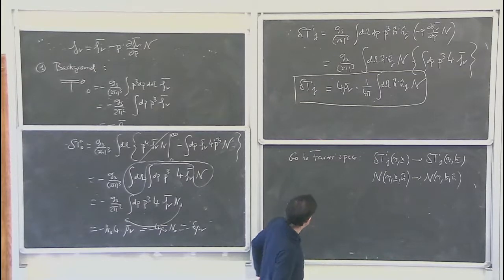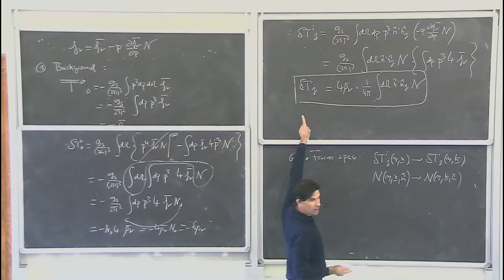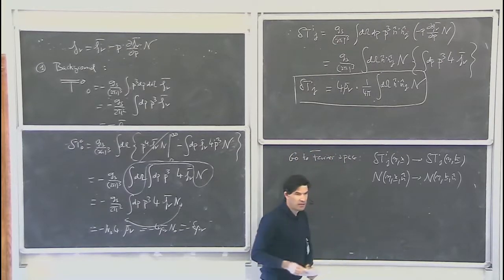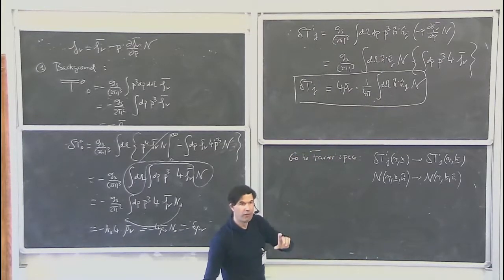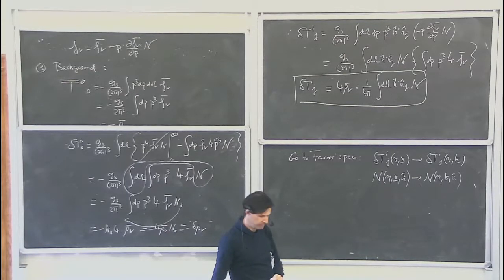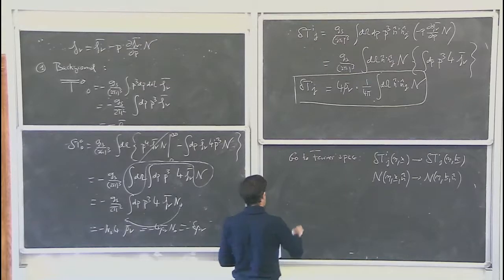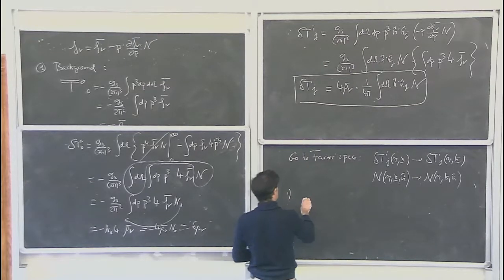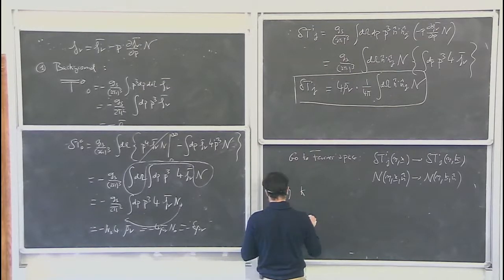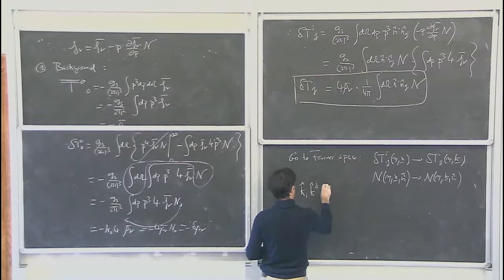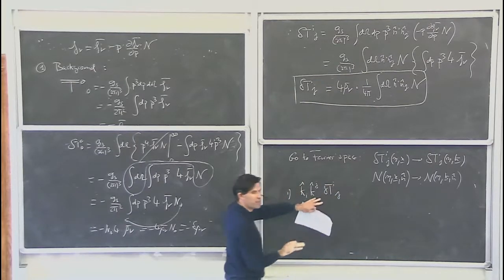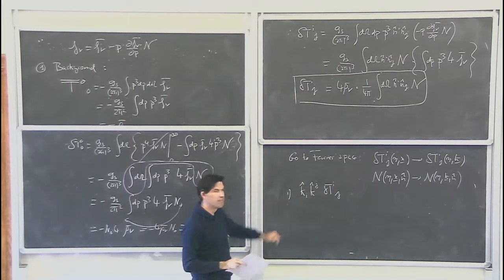And now what I will do is contract the left-hand side with products of the unit vector k hat. Let's consider two possibilities. The idea is just to get a scalar that we understand what to do with. So I will multiply the left-hand side, all in Fourier space, by this.